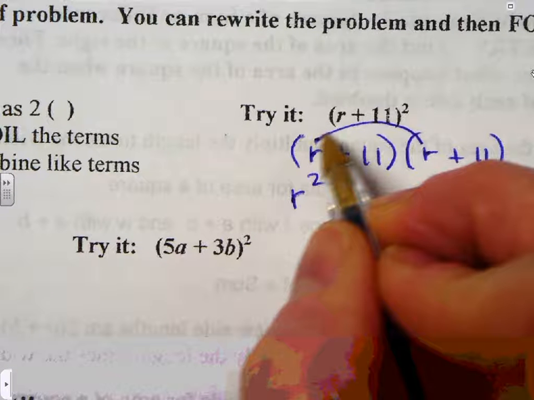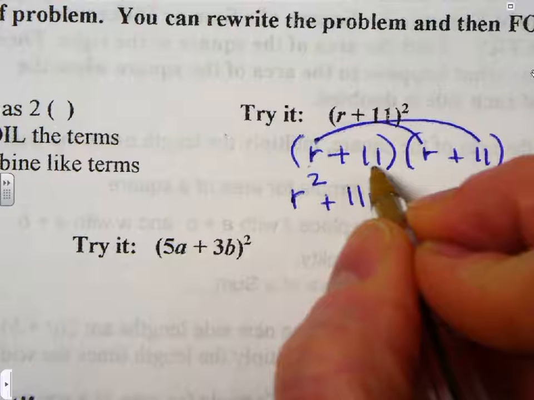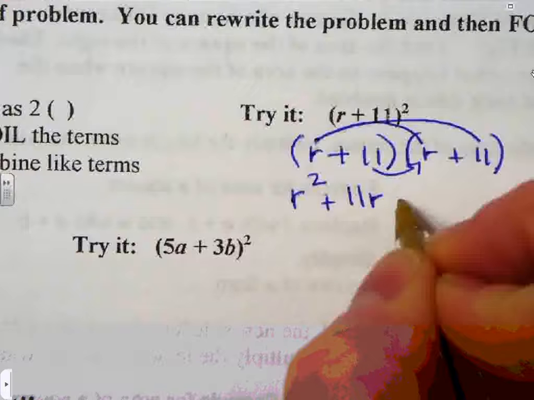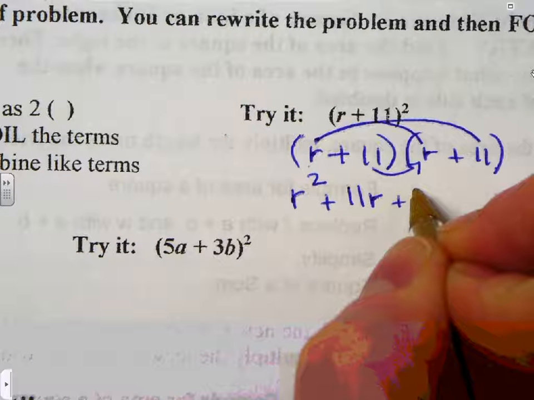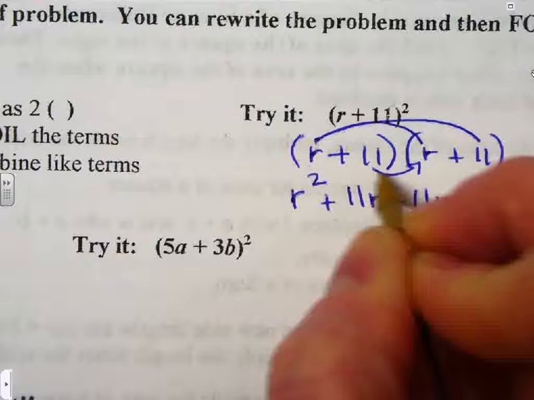Then outer, r times 11 is 11r, good. And then 11 times r is 11r. And then 11 times 11 is 121.